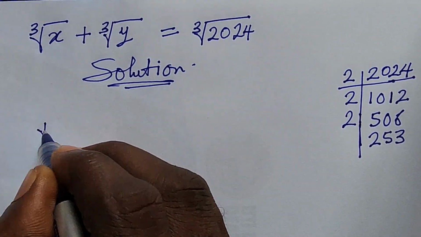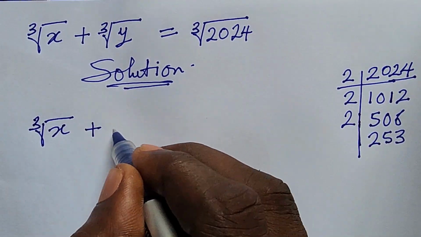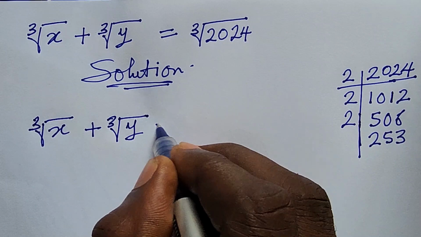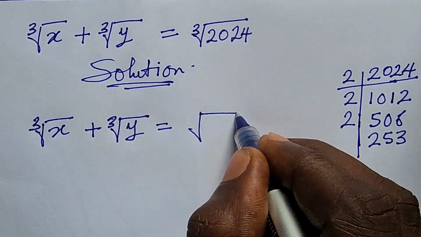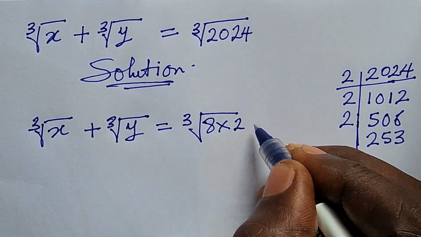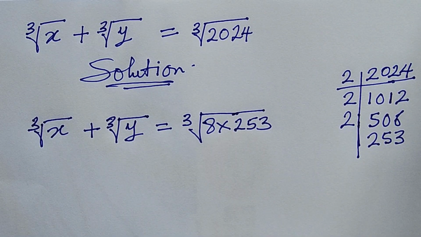So we're going to have the cube root of x plus the cube root of y equal to the cube root of 8 times 253. Let's cover this, all right?